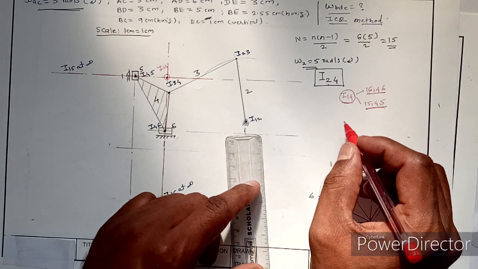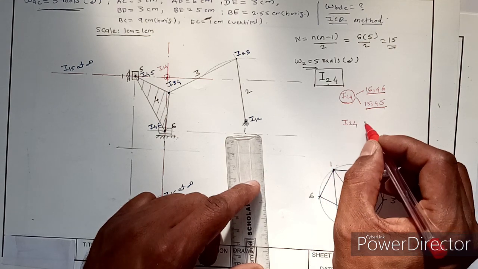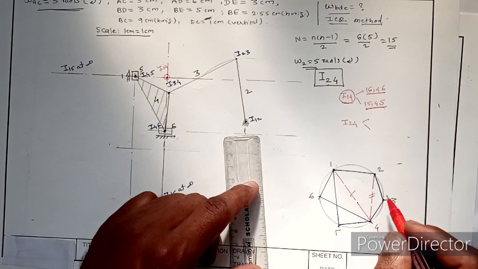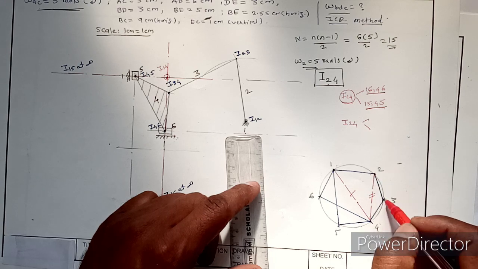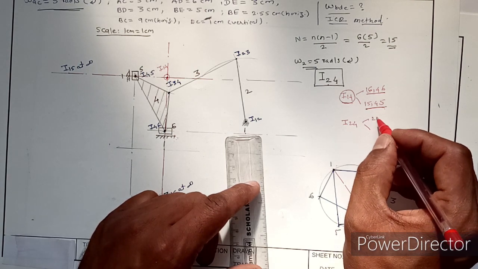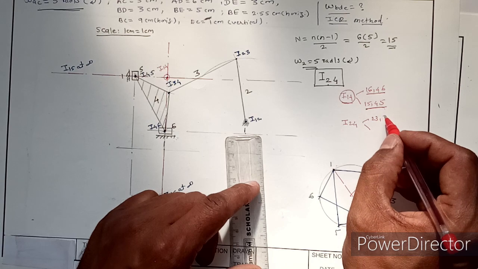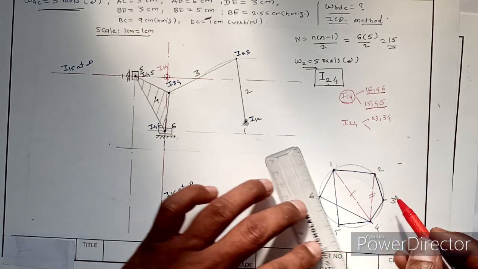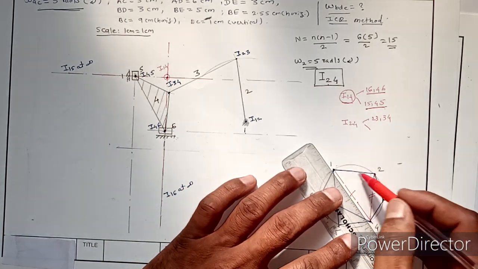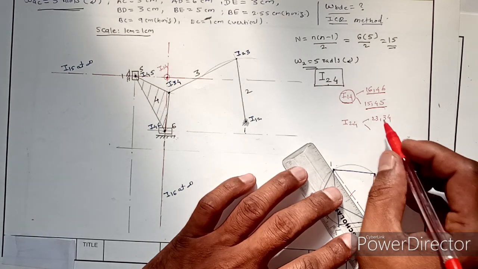Now I can plot this IC very easily. So I24 lies on two lines. Which is the first line? The line joining IC 2 3 and 3 4. And which is the second line? The line joining 1 2 and 1 4.